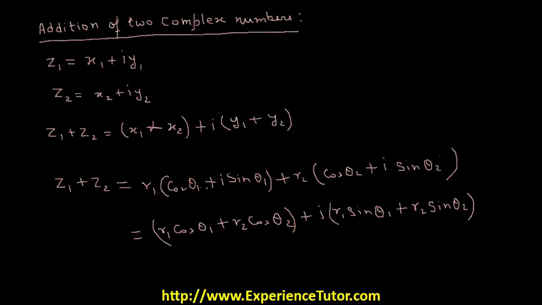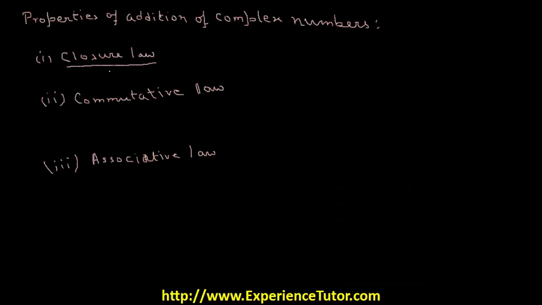Now let us discuss the properties of complex numbers. So first is closure law. According to this law, if two complex numbers are added, the result will also be a complex number. So z will be a complex number if we add two complex numbers z1 and z2.